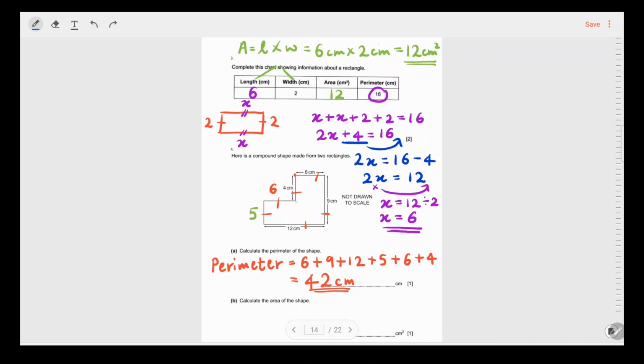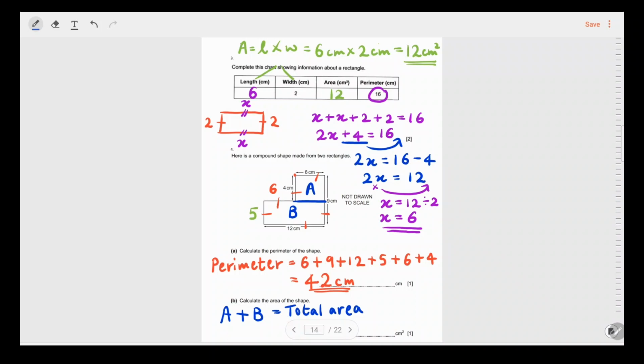So I will divide it like this, and then I have A and B. So I'm dividing this into two rectangles. I need to find the area of each of them and then add it up to find the total area of this compound shape. So I will be doing this on the side now.